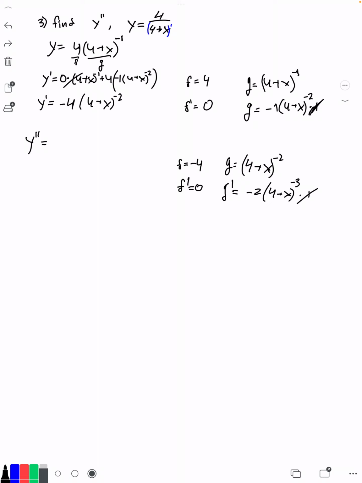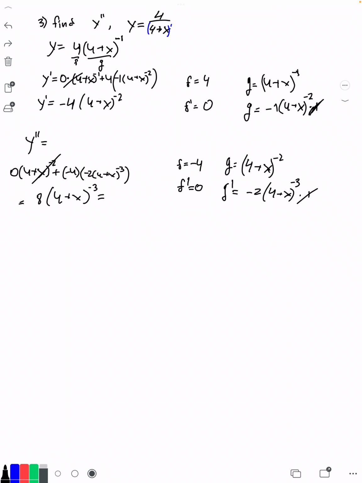So it's going to be 0 multiplied by 4 plus x to the power of minus 2, plus minus 4 multiplied by minus 2 multiplied by 4 plus x to the power of minus 3, equals 8 multiplied by 4 plus x to the power of minus 3.